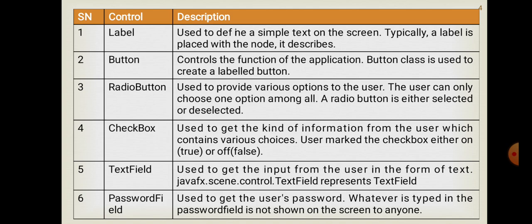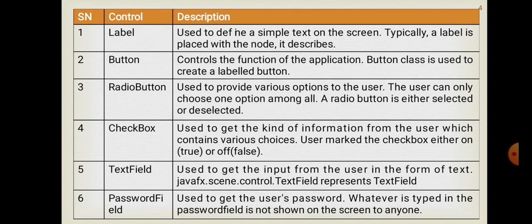And radio button, it is used to provide various options to the user. And checkbox, it is used to get a kind of information from the user which contains various choices. The difference is, in radio button we can do multiple selections, but in the checkbox you can have either or options, either true or false. And text field, which is used to get the input from the user.